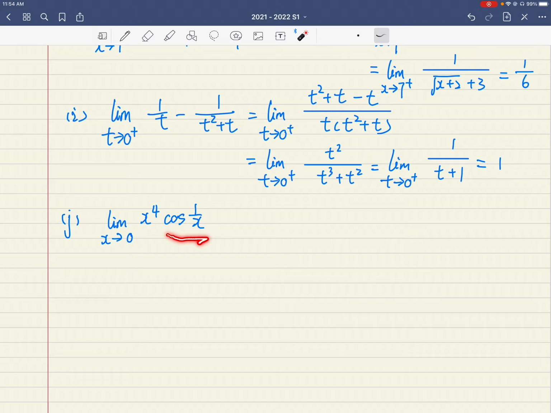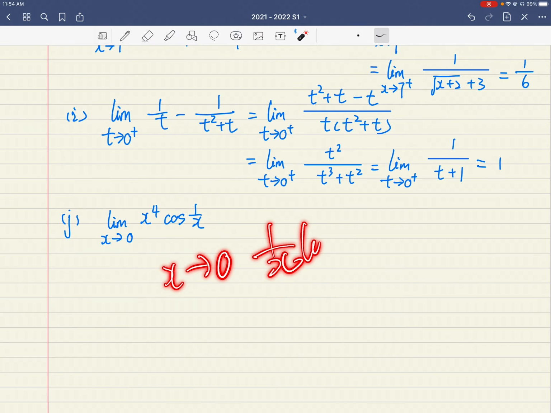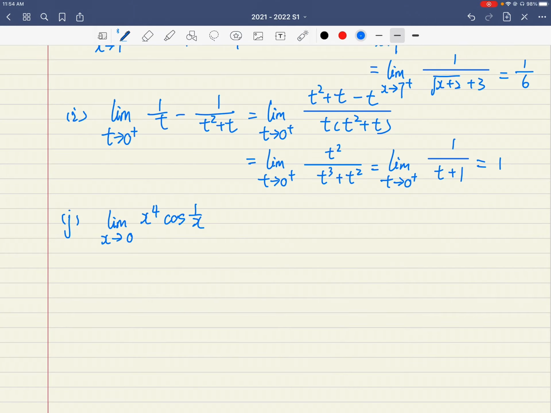But this part, cosine 1 over x, okay, this is our headache because when x is approaching 0, first, your 1 over x, the limit doesn't exist. Why?